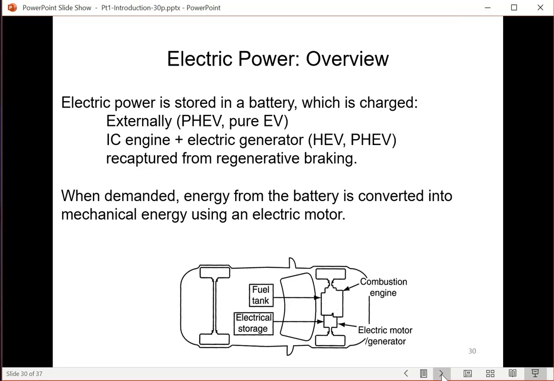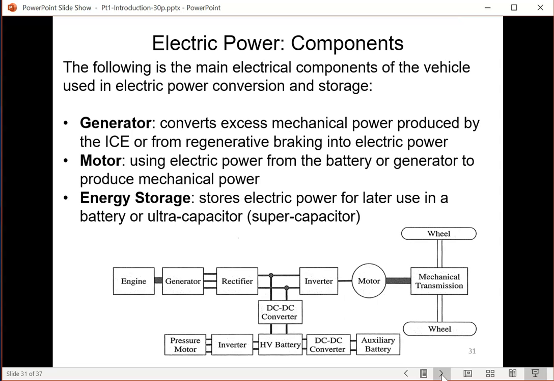That is really the centerpiece of an electric vehicle, a storage device that stores energy. But if you think about the main electrical systems on an electrical vehicle, energy storage is only one part of it. There are two other components to consider. One is the motor, which is used to produce the traction force to drive the wheels.